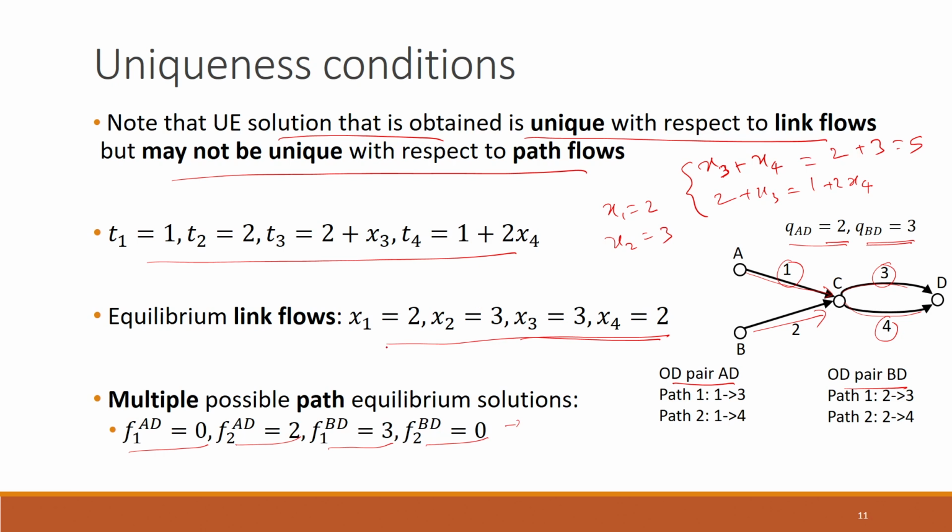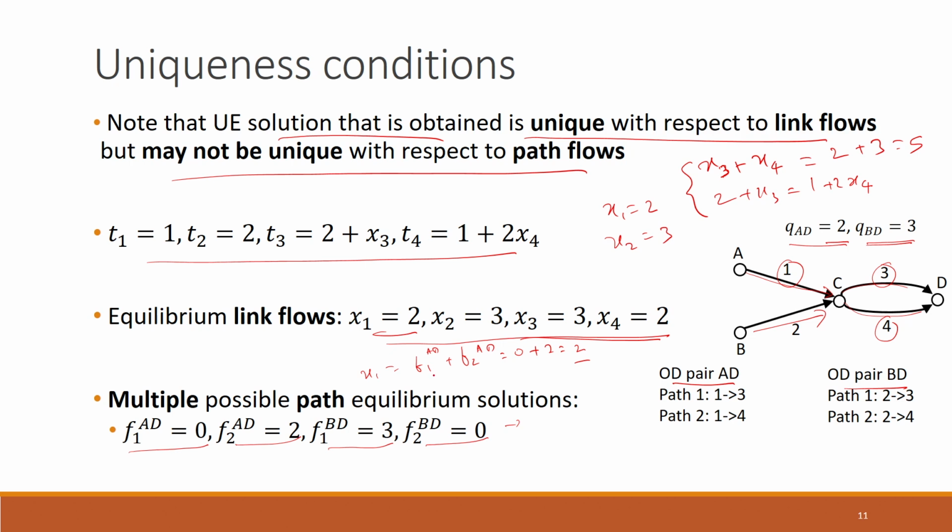So, if 0 flow is taking place on the first path connecting A to D and 2 units is flowing on the second path connecting A to D, then the total flow that is taking place through the first link will be equal to F1 AD plus F2 AD, and this will be equal to 0 plus 2 equal to 2, and this matches with this thing here. Okay.